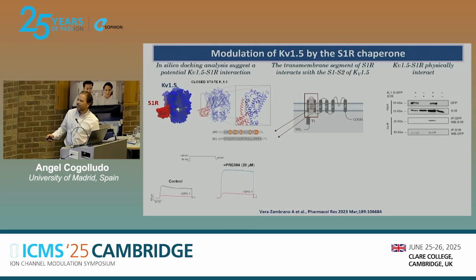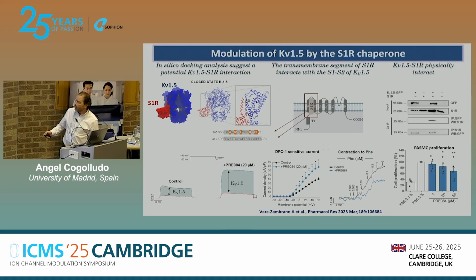But what is more relevant for us, it also greatly enhanced the Kv1.5 channel activity, the DPO-sensitive current, in freshly isolated pulmonary artery smooth muscle cells. In addition, this drug was able to attenuate pulmonary vasoconstriction and pulmonary artery smooth muscle proliferation. So these effects were very promising in the context of pulmonary hypertension, as it was reducing vasoconstriction and reducing proliferation.